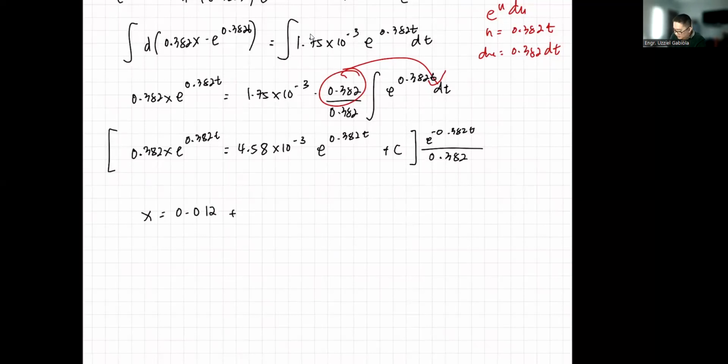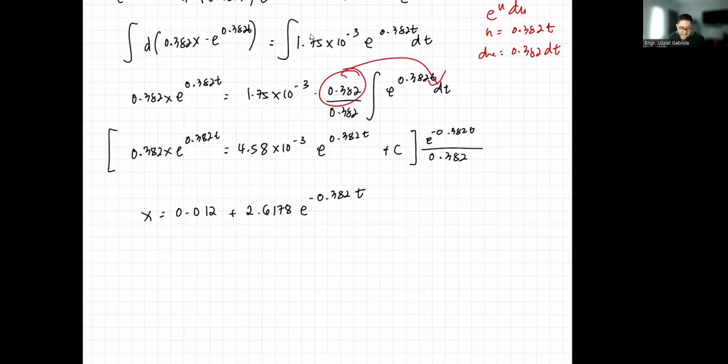So ito di-divide ko na yung 1 dito, no? 1 over 0.382. We have 2.62. Or medyo habaan natin kasi magbabago yung value. 6178 e negative 0.382t. Okay? So ito yung ating general formula.